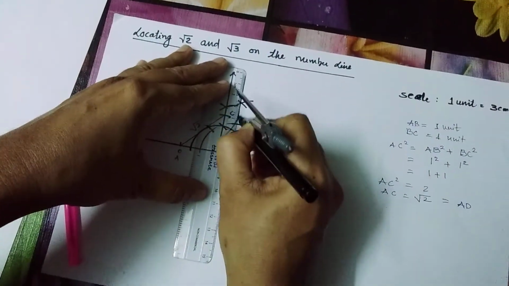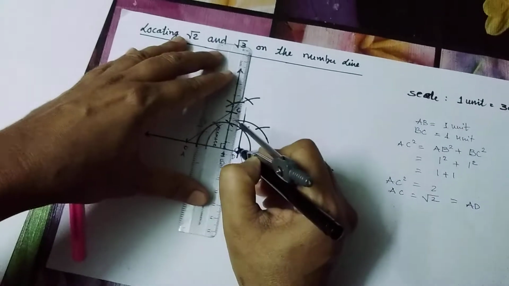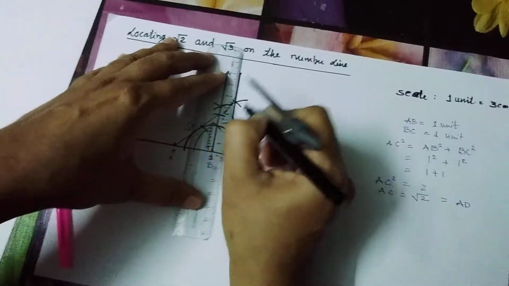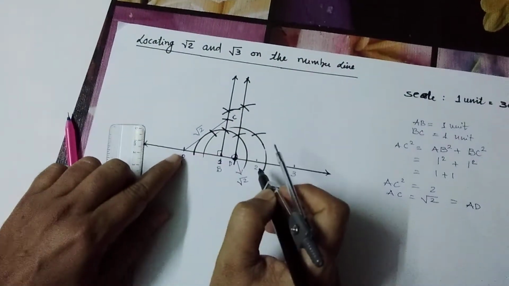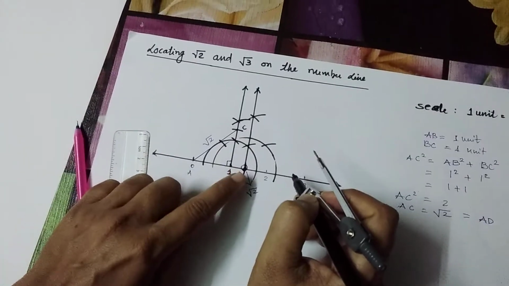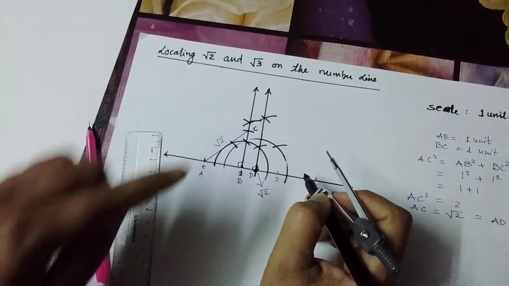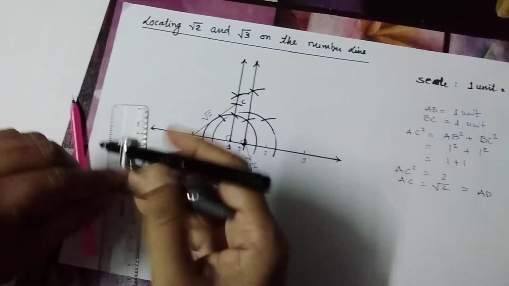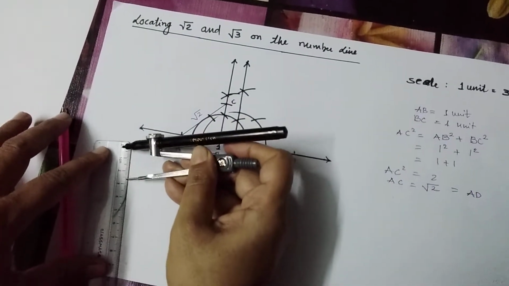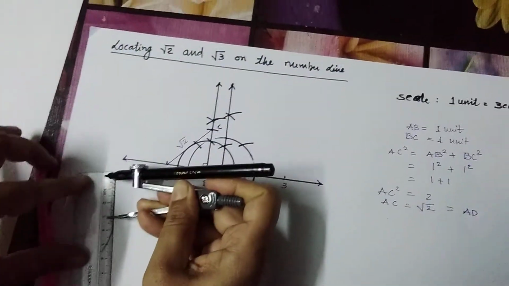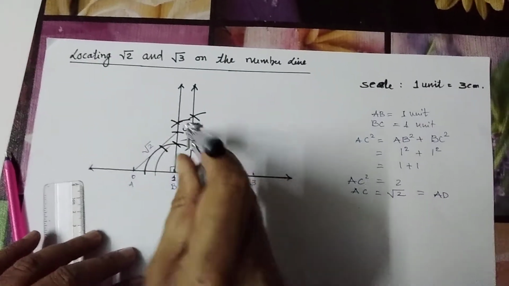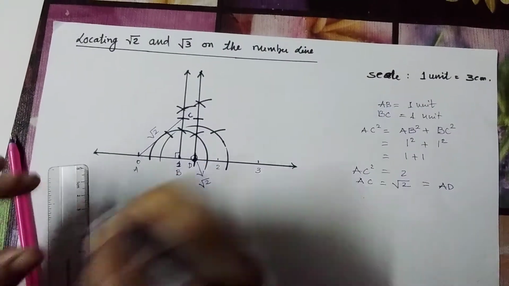This is the perpendicular we are making at D. Now we are observing AD distance is square root 2, but the perpendicular distance should be 1 unit only, that is 3 centimeter only. So take 3 centimeter in your rounder and mark a point here. Let this point be now point E.